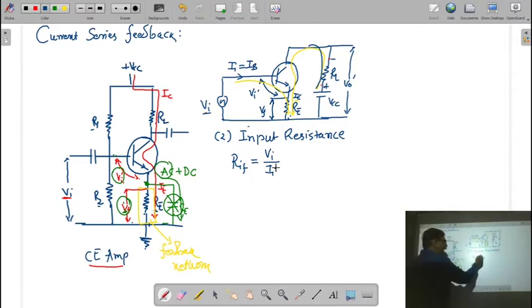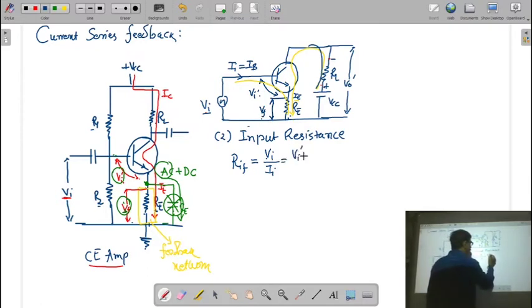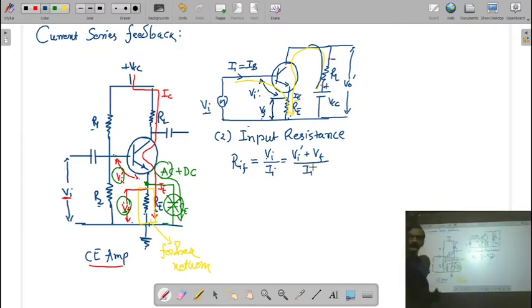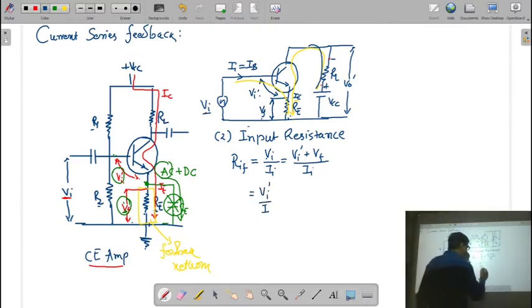But what is the input voltage? Input voltage is a series combination of VI dash and VF. So we can write VI dash plus VF divided by II. And we can write this as VI dash by II plus VF divided by II.